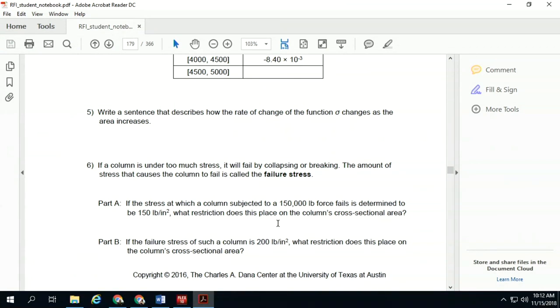So write a sentence that describes how the rate of change of the function changes as the stress increases. Well, what happens as the stress increases? The rate of change decreases and gets closer and closer to zero.